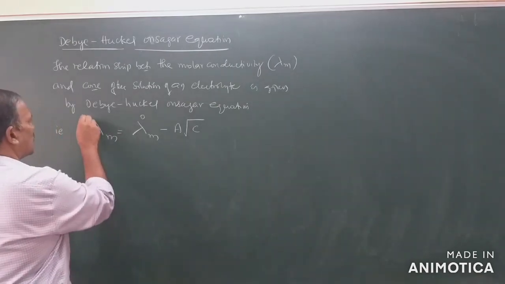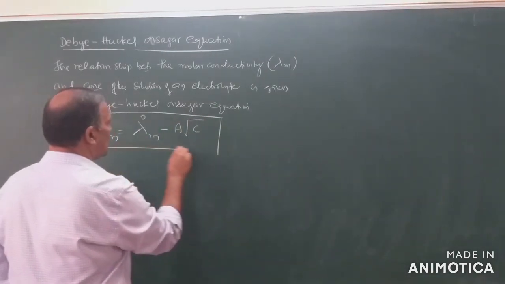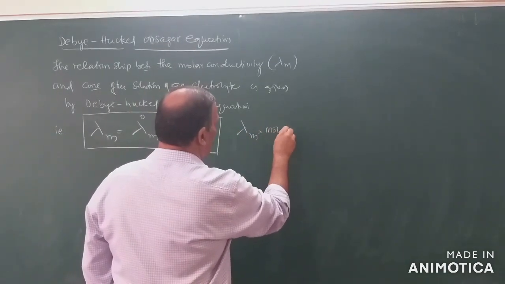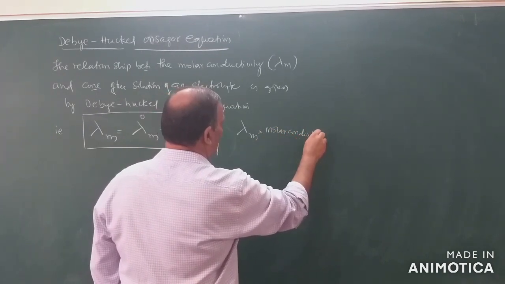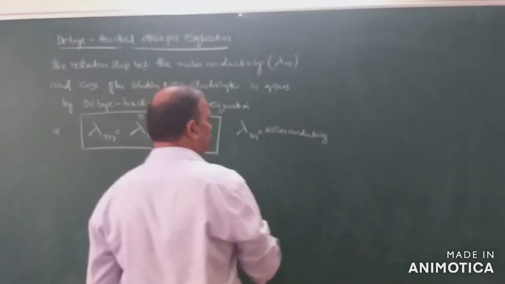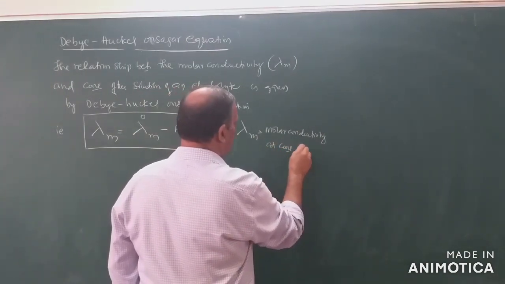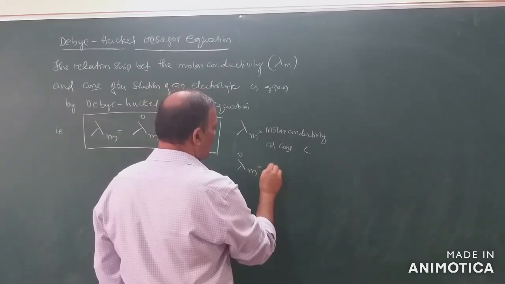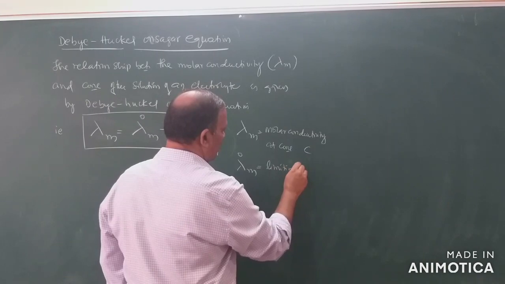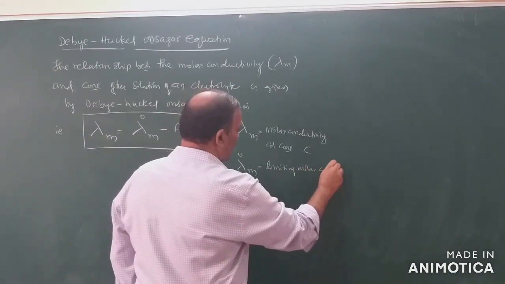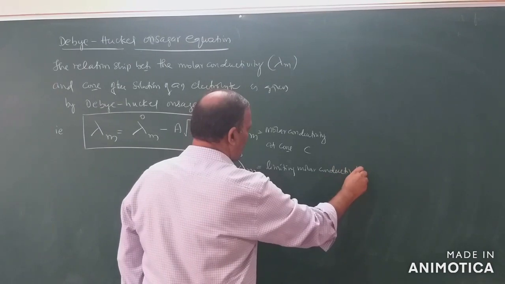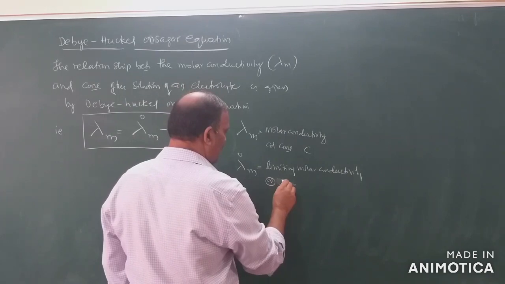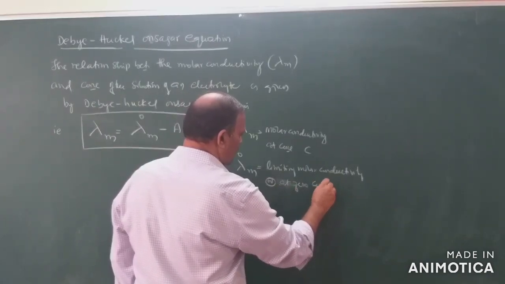This equation is called Debye-Huckel-Onsager equation. Here what is lambda m? This is molar conductivity at concentration C, and lambda m0 equals limiting molar conductivity or molar conductivity at zero concentration.